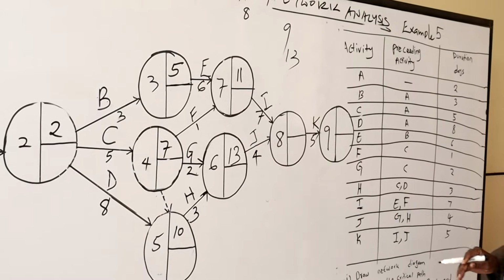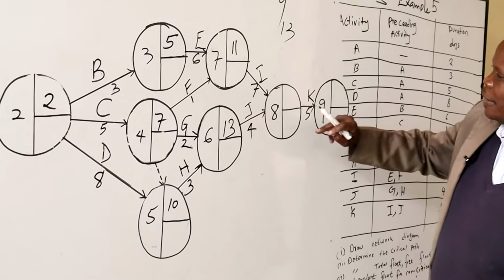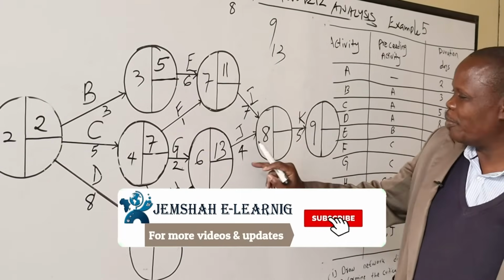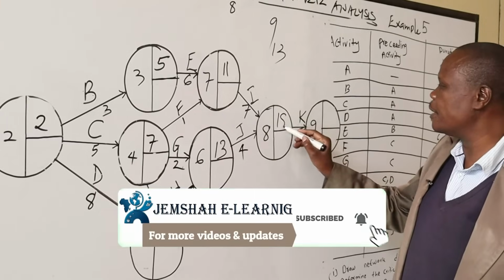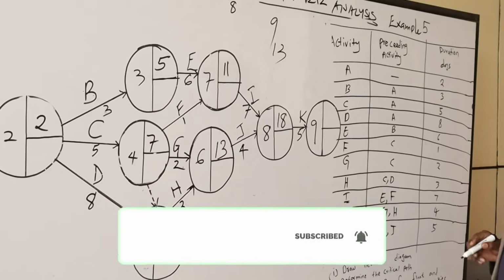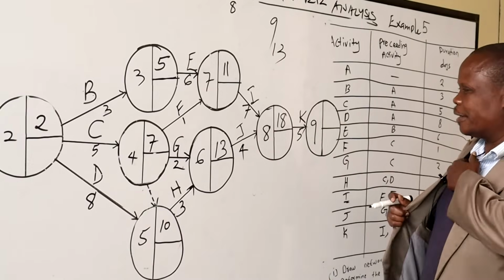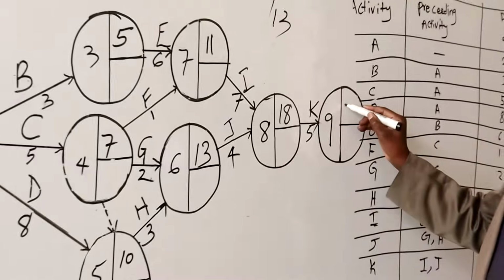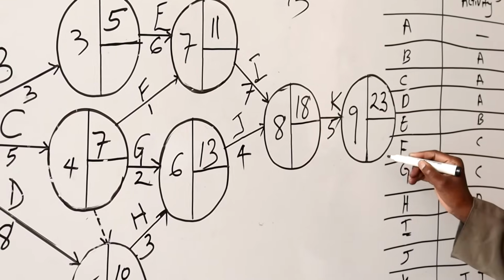Then we are also faced by two paths here. 11 plus 7 is 18. 13 plus 4 is 17. And therefore, 18 is the maximum. Then 18 plus 5 is 23.